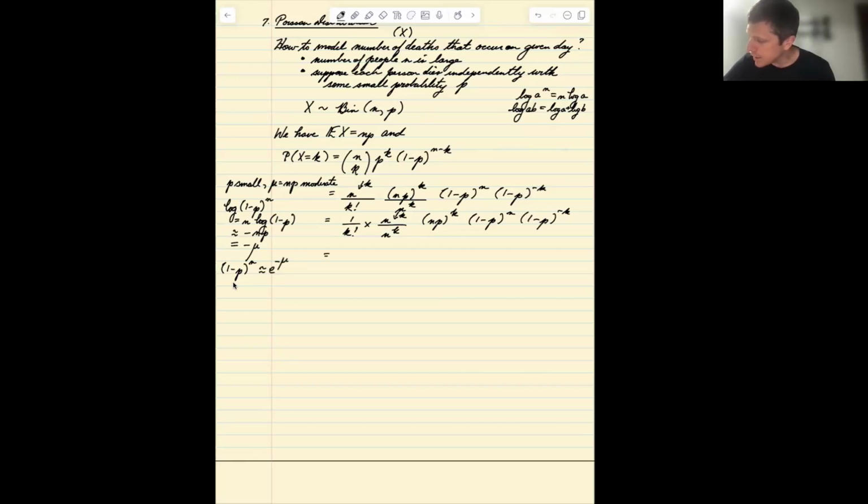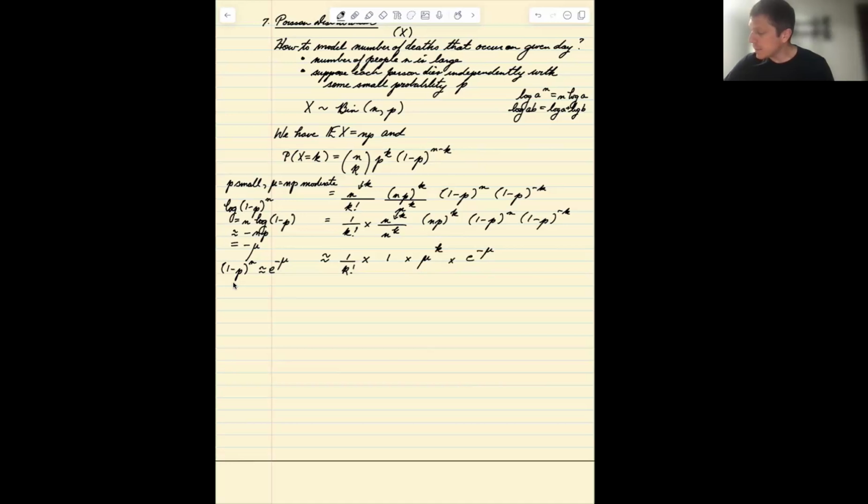So to rewrite this, we realize, okay, this is 1 over k factorial. This is like 1 because n falling factorial k is similar to n to the power k for large n. n times p is actually mu to the k. (1 minus p) to the n is like e to the minus mu.